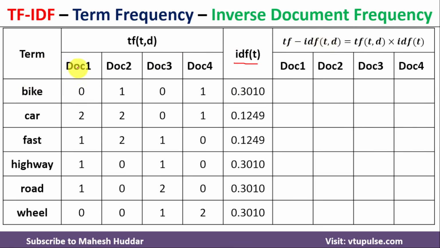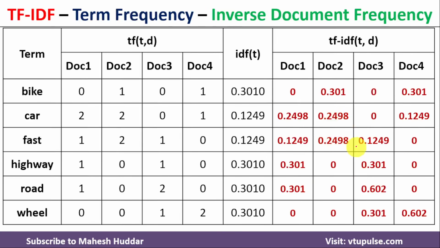For bike with respect to document 1, which is 0, multiplied with 0.3010, which is equal to 0. And for car with respect to document 1, which is 2, multiplied with 0.1249, which is equal to 0.2498. Similarly, I will find the remaining values of TF-IDF.